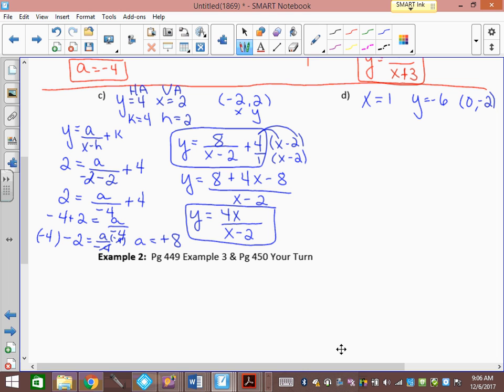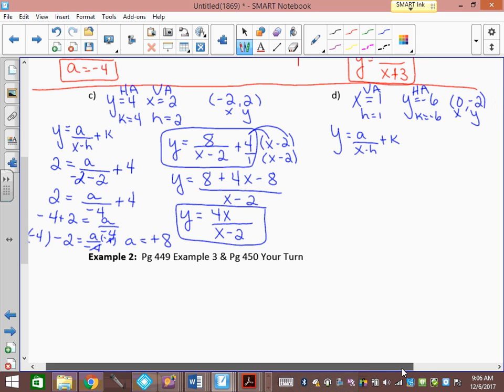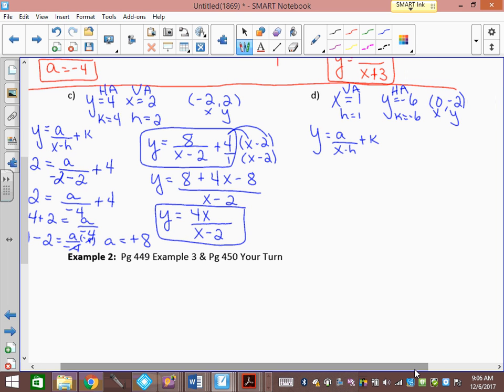So this would be h equals 1, k equals negative 6, x, y. So we're going to get negative 2 equals a over 0 minus 1, minus 6.